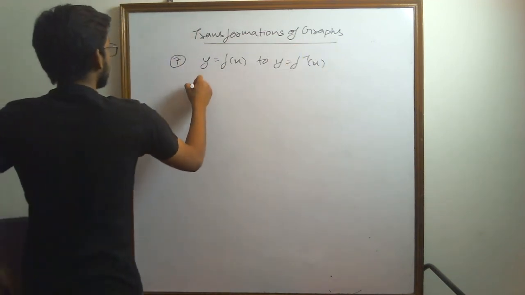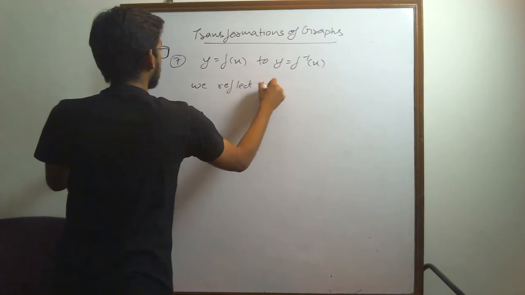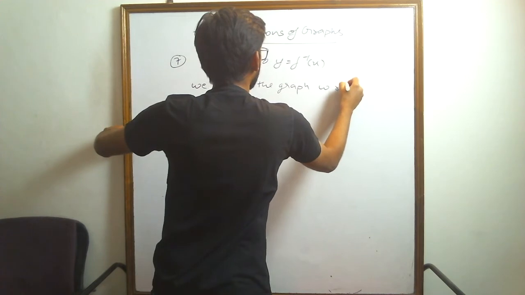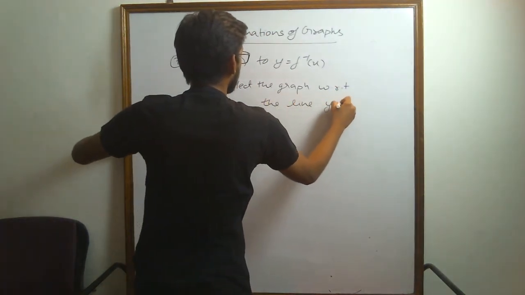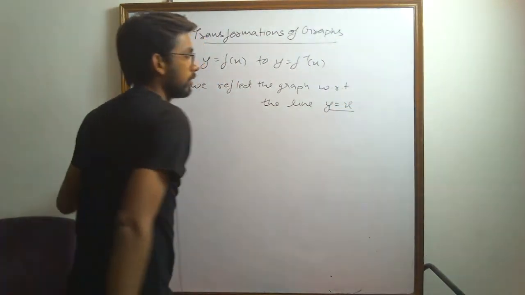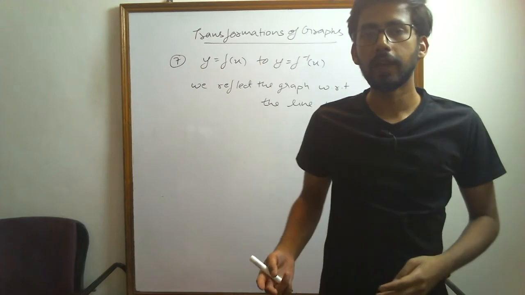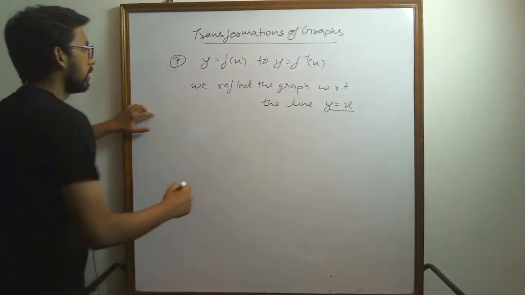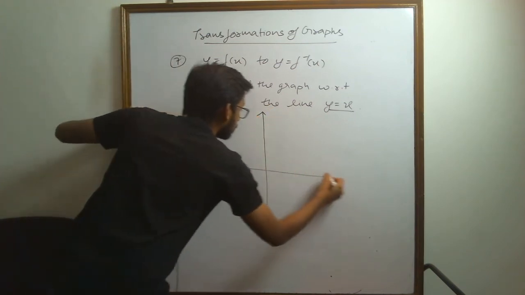The transformation is we reflect the graph of f of x with respect to the line y is equal to x. Why we do this is because the roles of x and y are interchanged in inverse functions. That's why the graph will be reflected with respect to y is equal to x.